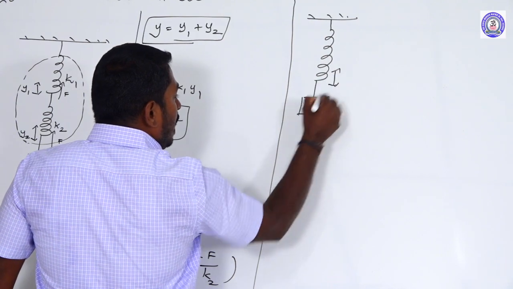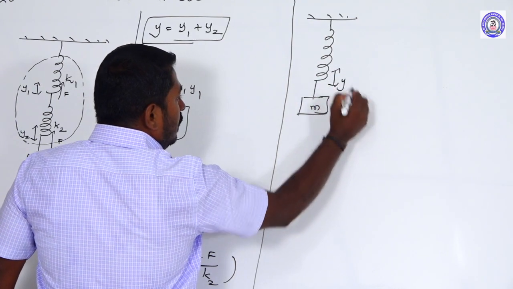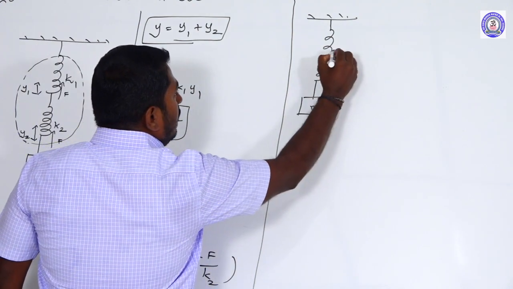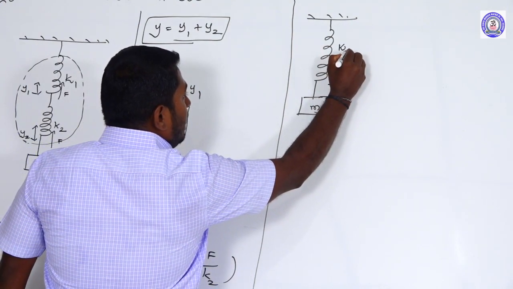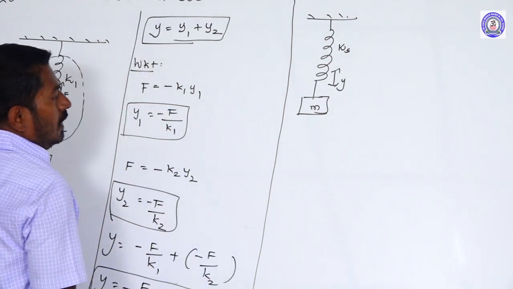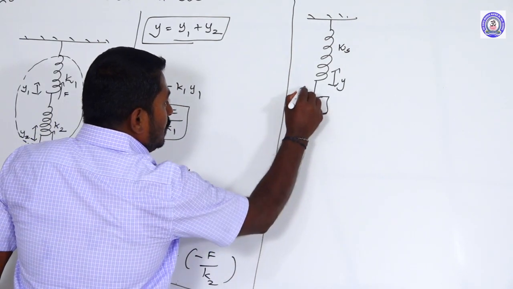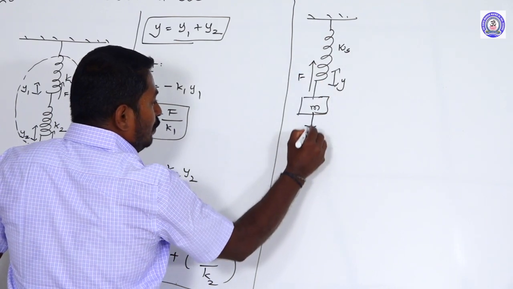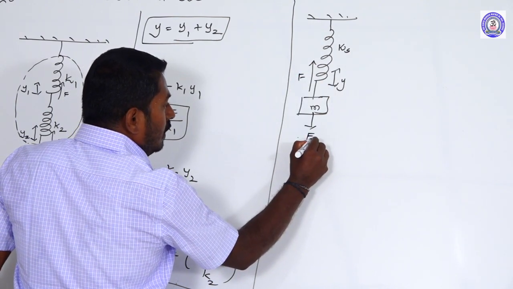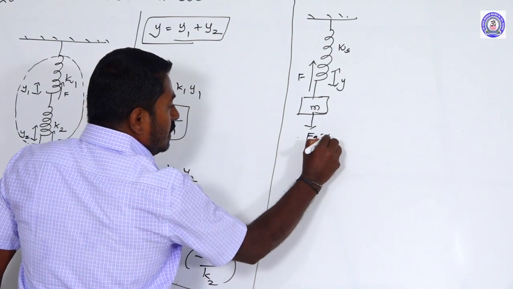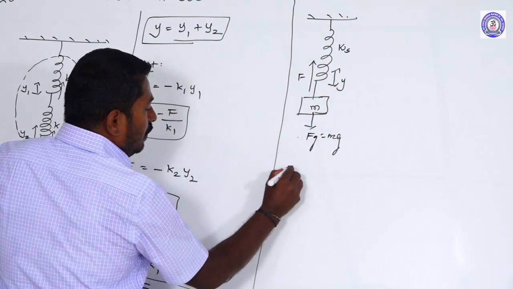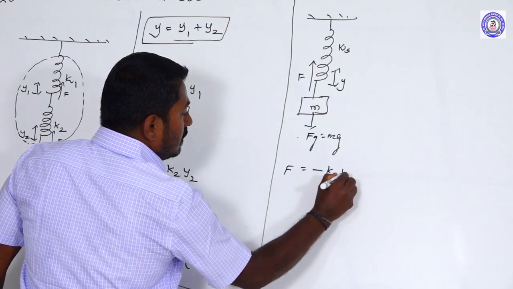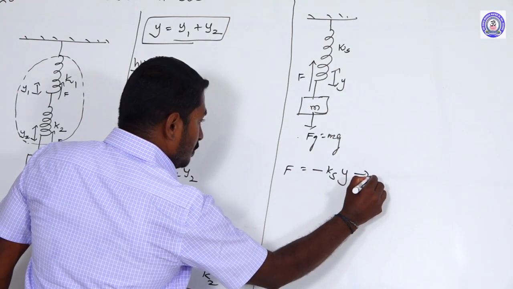After loading with mass m, an extension y is produced along the vertical direction. The effective spring constant for the series connection is Ks, the restoring force developed in the spring is F, and the gravitational force acting on the block of mass m is Fg, which is equal to mg. Now the restoring force F is equal to minus Ks into y, equation number 3.